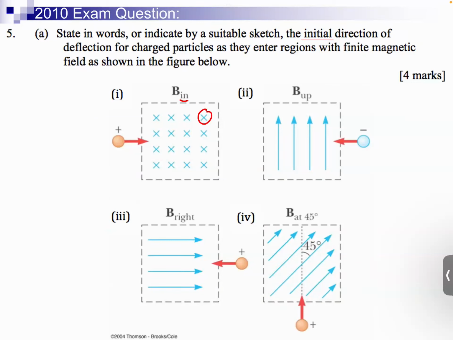So an X shows you an arrow that's pointing into the page, and you're looking at the arrow tail. That's why it's represented by an X there for into the page, or upwards, of course, just an arrow pointing upwards. So for each of these scenarios, try to determine the direction of the magnetic force.